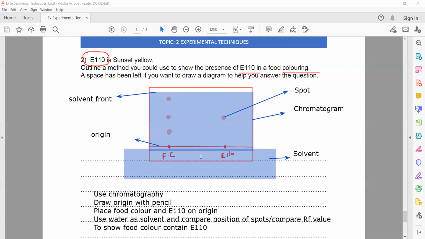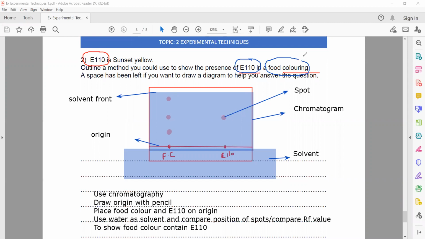Is this experiment clear, in which we show that this food coloring contains E110? The question says outline a method you could use to show the presence of E110 in a food coloring.